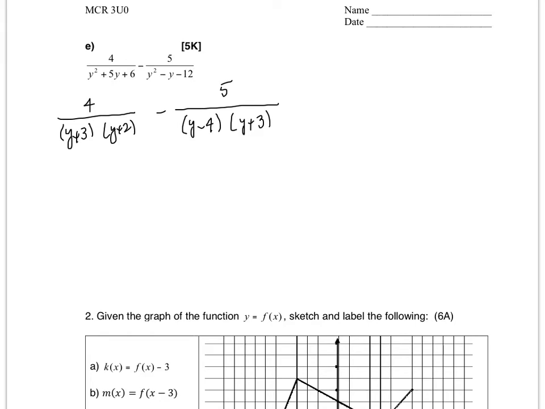Now I'm going to find the common denominator. To do that, I will look at the denominators. Both of them have y plus 3. So what I do is I multiply the numerator and denominator of the first fraction by y minus 4. And for the second fraction, I'm going to multiply numerator and denominator by y plus 2.